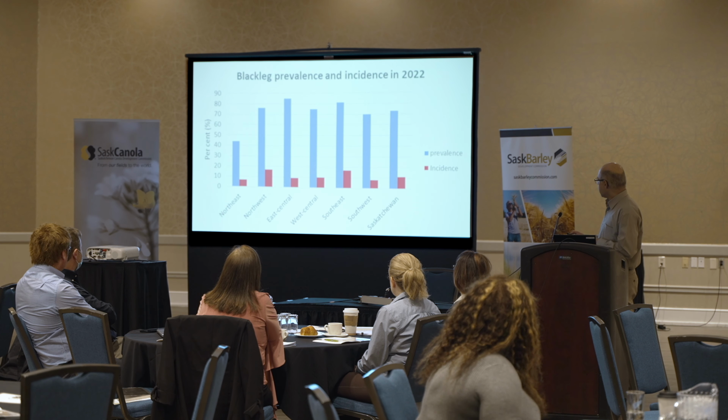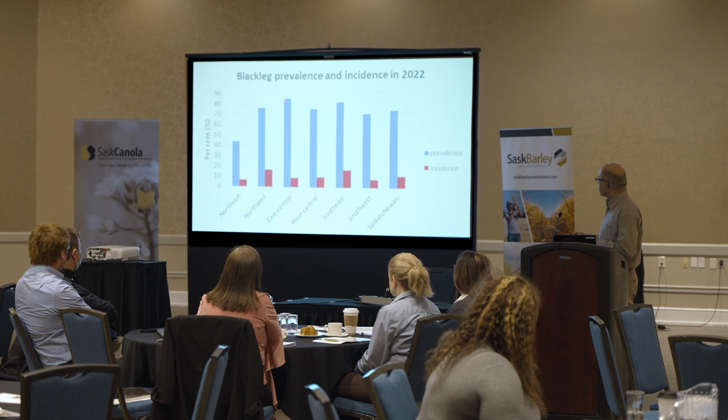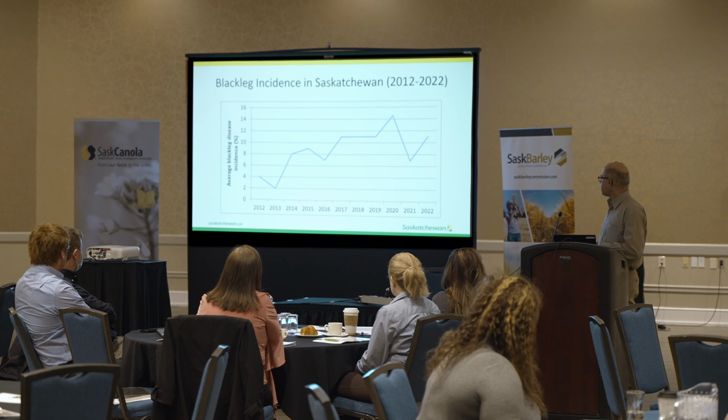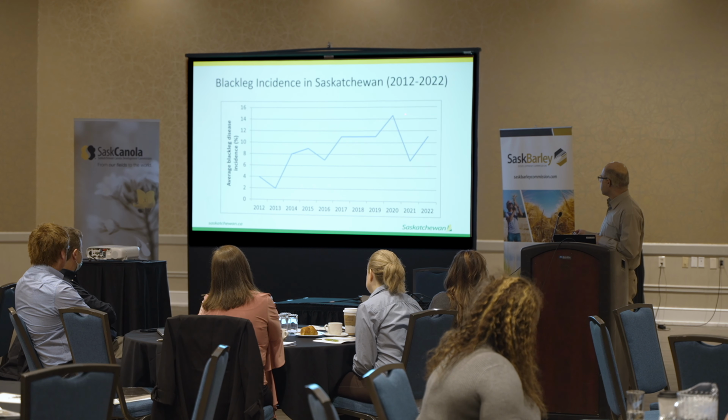Across regions, East Central had the highest prevalence, so the highest number of crops with disease, and Northwest and Southeast had the highest incidence. And the lowest prevalence and lowest incidence was in Northeast. Over the years, we always had an overall increase from 2012 to 2020 across the province.